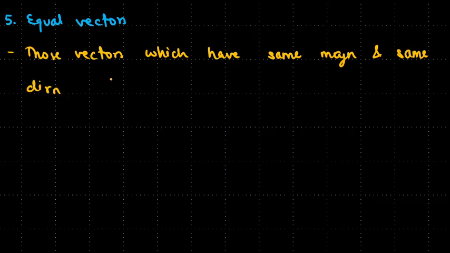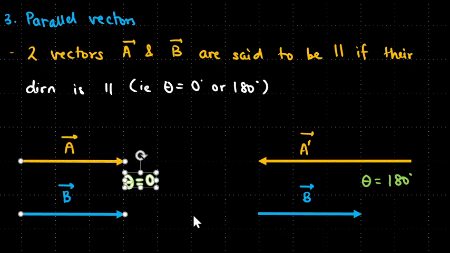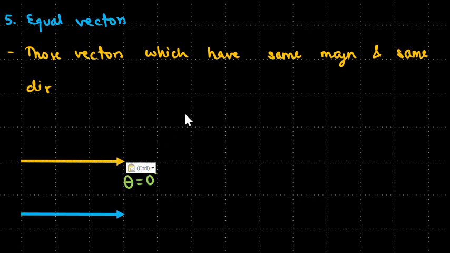Let's take a look at some examples. So let's go back to parallel vectors and copy this, since this is basically equal vectors. This was vector A and this was vector B.